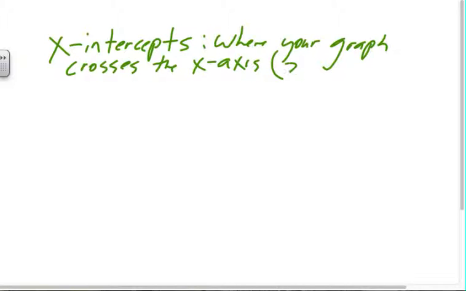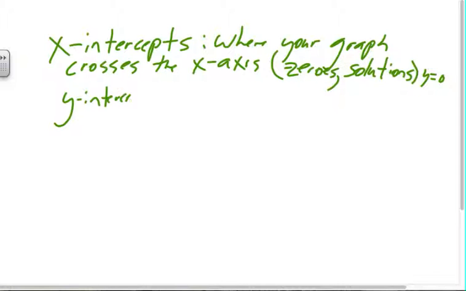These are also known as zeros or solutions, because it's where y equals 0. So x-intercepts are also sometimes called zeros or solutions, depending upon the context that we're using them in. But graphically, they're the same points.